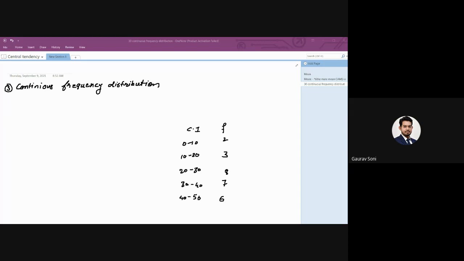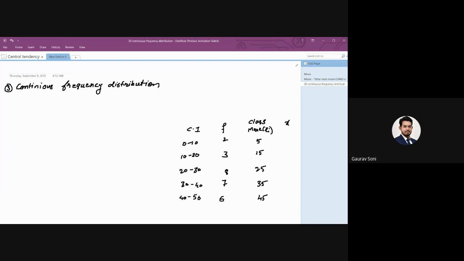So I will have the class marks, which are denoted by xi. So 5, 15, 25, 35, 45.